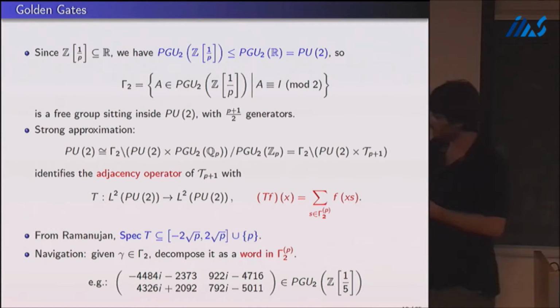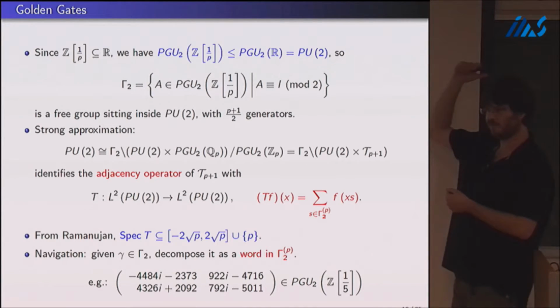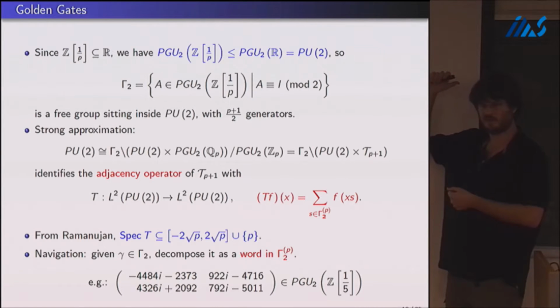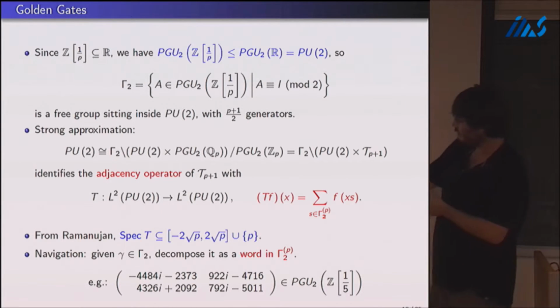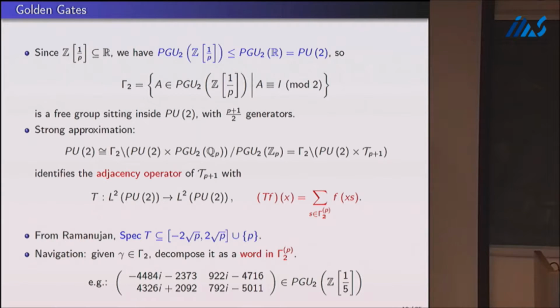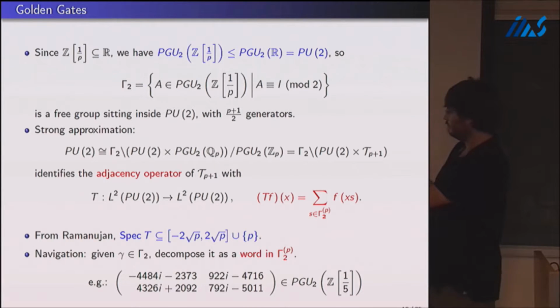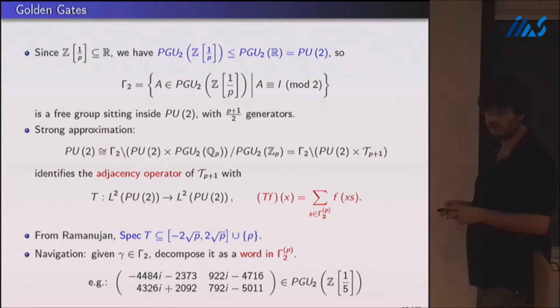And now we want to decompose this in the 6 matrices that I showed you earlier, the V gates, and we can do it by going to Q5. So you replace this complex i by the square root of -1, which sits in the p-adic field Q5. You get a p-adic matrix. There you look at the action on the Bruhat-Tits tree, and you navigate back to the origin. You get the unique shortest decomposition as a word in the generators.